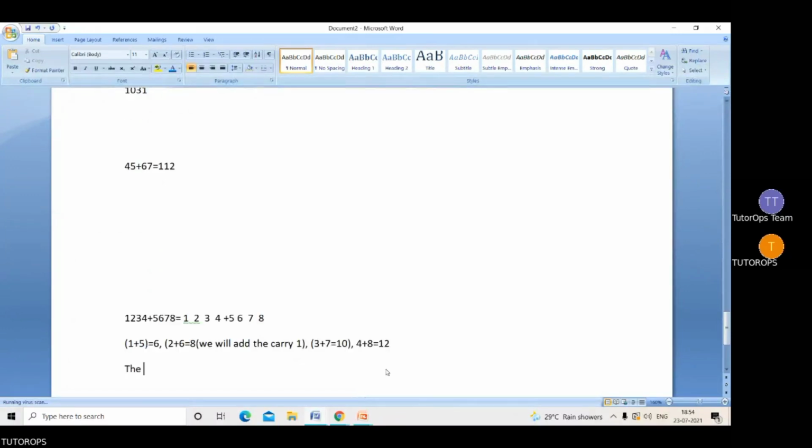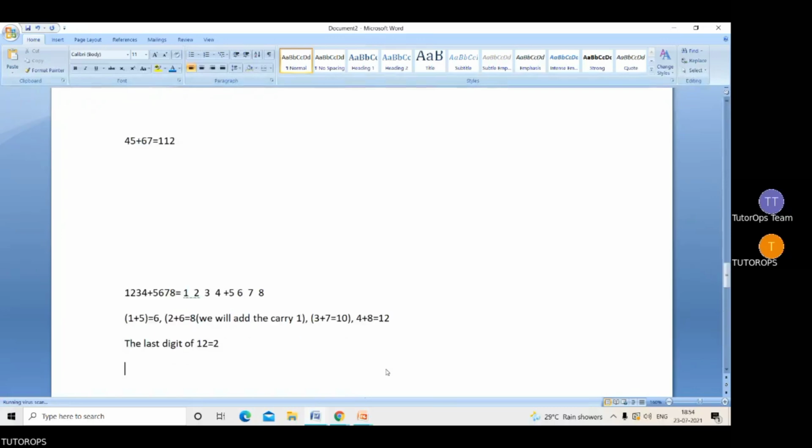So the last digit will be 2, basically the last digit of 12, the sum of the last column. The last digit of 12 is 2. Then the last digit of the final sum will be 2.